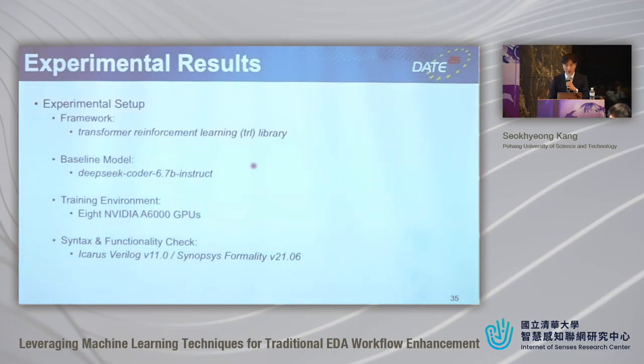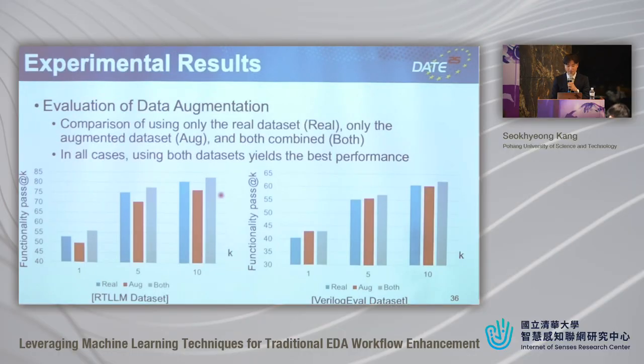We made these experiments with our baseline model DeepSeek, and we used NVIDIA A6000 GPUs, and this is the environment. The result shows a comparison of only the real data and real data plus augmented data.